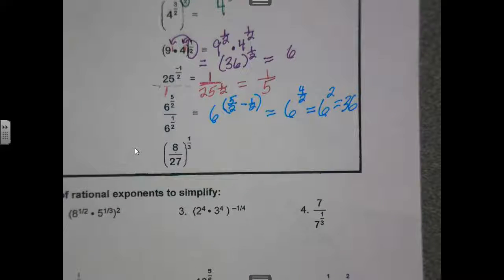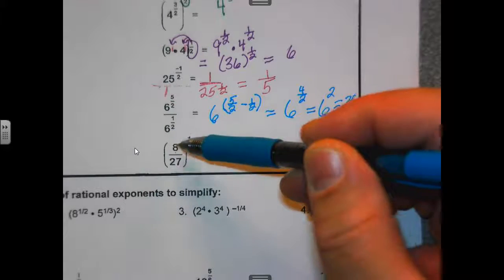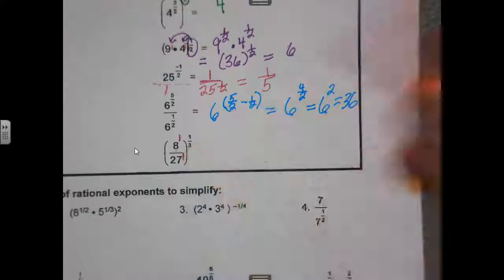And what do I do if I have an exponent outside parentheses with 2 different bases? It's the same properties as you did yesterday. You multiply each one, right? This has an exponent of 1. This has an exponent of 1.